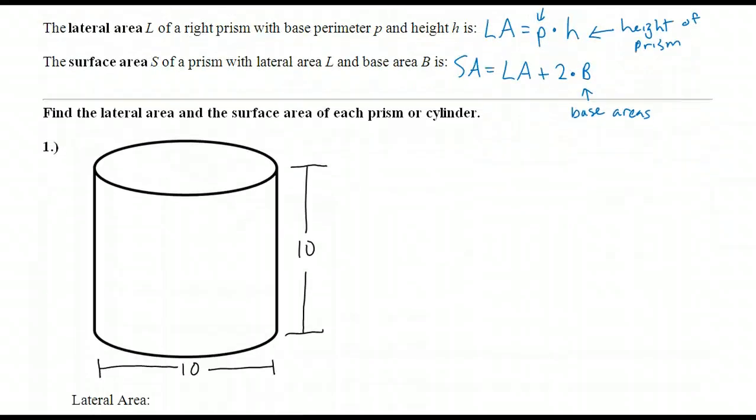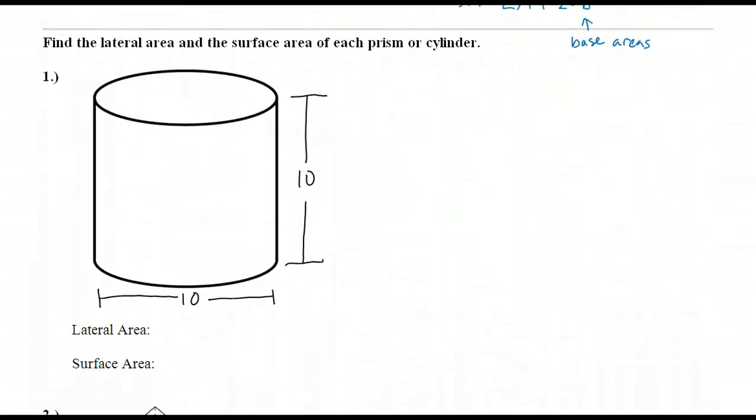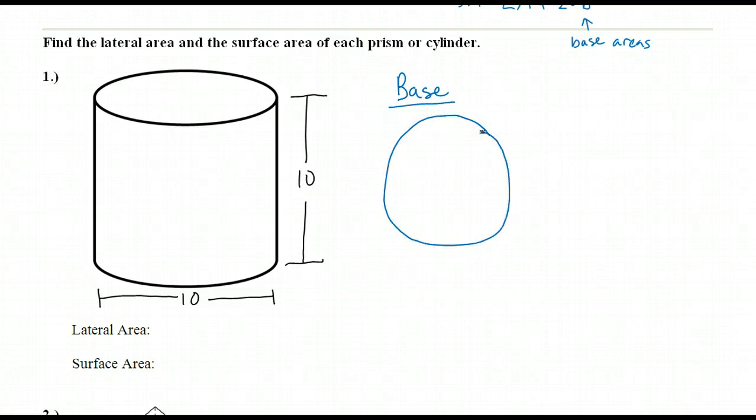Let's look at an example. I have a cylinder because I have a circle that extends all the way through my solid. So the first thing I want to do is draw out my base. In this case, my base is a circle. And that circle is going to have a radius of 5.